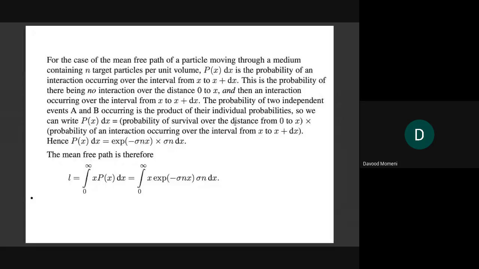Finally, the mean free path is given by the integral from 0 to infinity of x P(x). For P(x) you have the model exponential of minus sigma n x. You remember how we derived these equations? Then you can multiply these and calculate the integral.